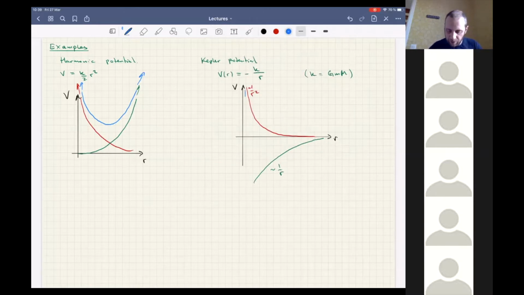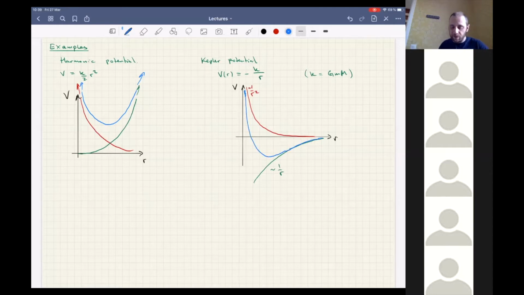So we're going to go off here. However, for large values of r, the Kepler potential is going to dominate. So we're going to follow the Kepler potential pretty close, not below it, but pretty close, which means that we're going to have negative values for large r, which means that at some point we have to cross here and go up like this. Let me try to draw that more or less fine.